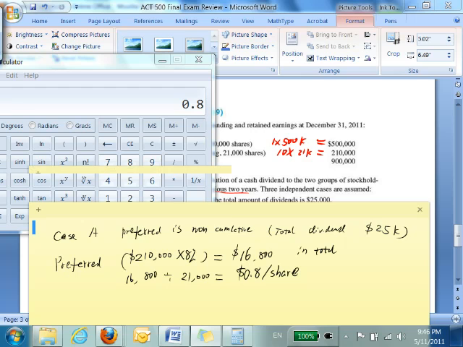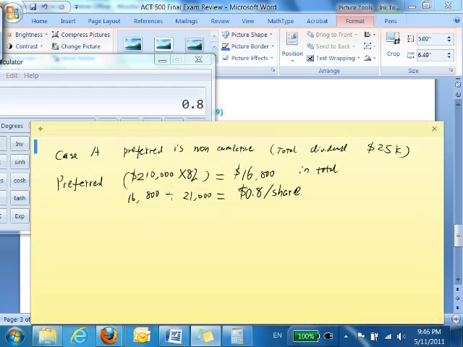For common stock, okay, preferred stock has a priority over common stock in terms of dividend distribution. So total dividend 25,000 minus the dividends 16,800 for preferred stock.